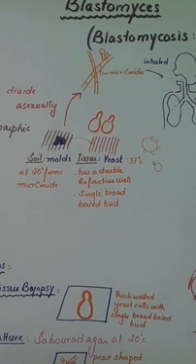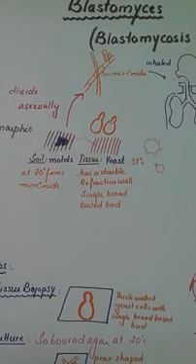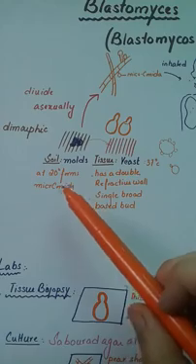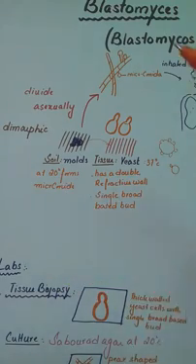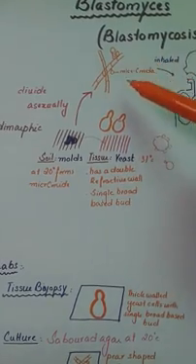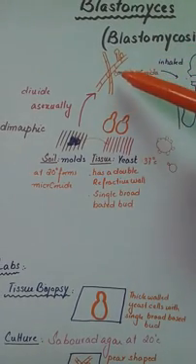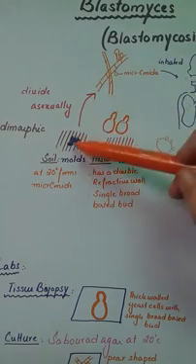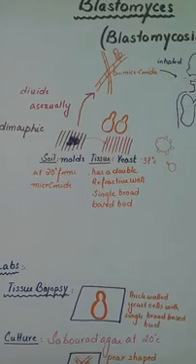So what happens whenever this organism is in the form of mold and grown at a certain temperature, it divides asexually in this form of mold. It produces small babies or small buds, which are known as microconidia. Now this mold is then inhaled.